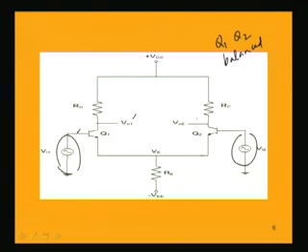Another factor is the presence of the input offset current, and that happens because the base currents in the two transistors are not exactly equal.